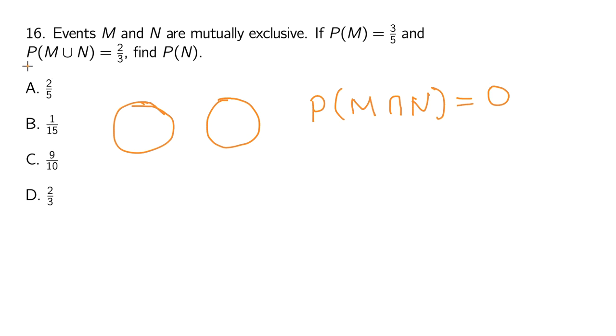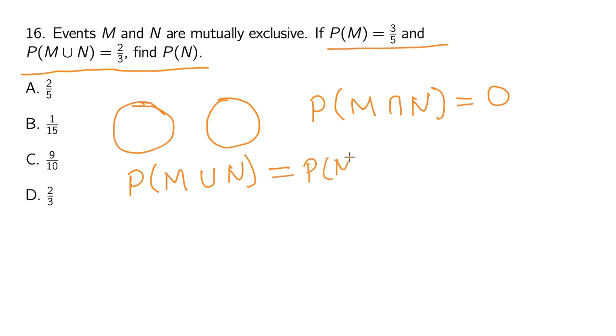Now, the general relationship is that the probability of the union, M union N, is the probability of M plus the probability of N minus the probability of the intersection. So we just substitute the values into it. The union, we've been told, is 2/3.